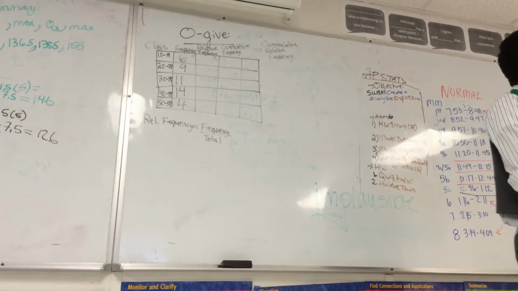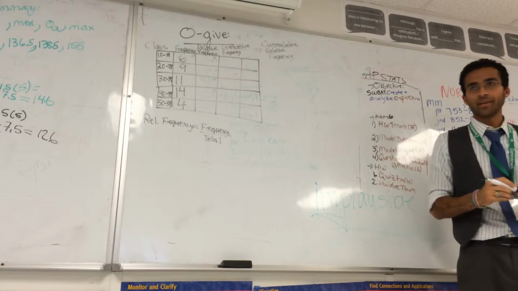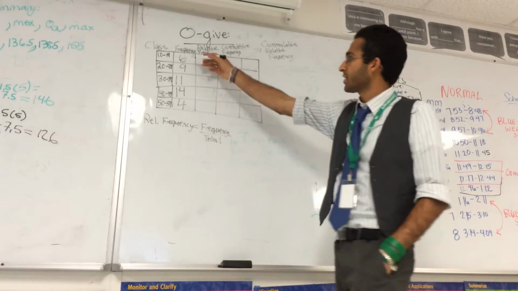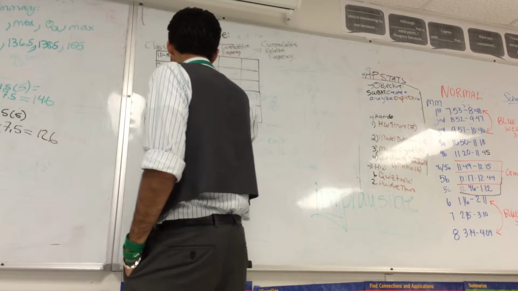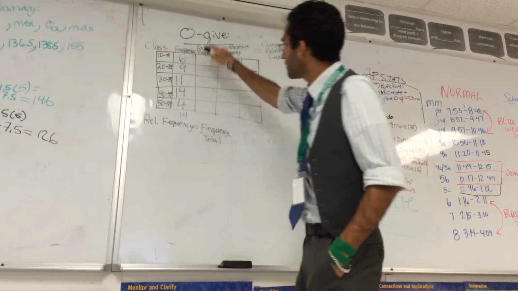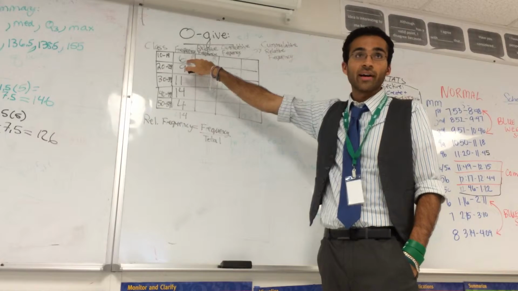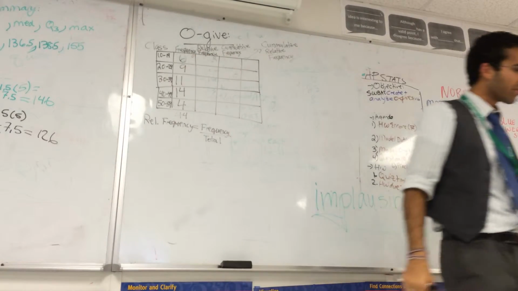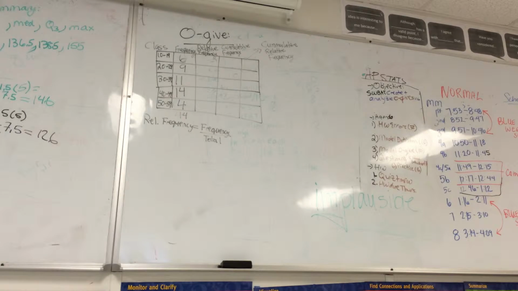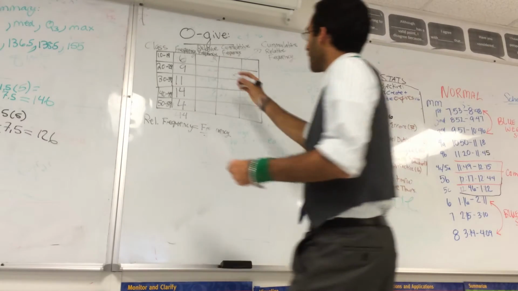This is a proportion, but we express it as a percent. The total, if I add all these up, is 44. So the relative frequency is 6 divided by 44, 9 divided by 44, 11 divided by 44, and so on. And we write it in percent.